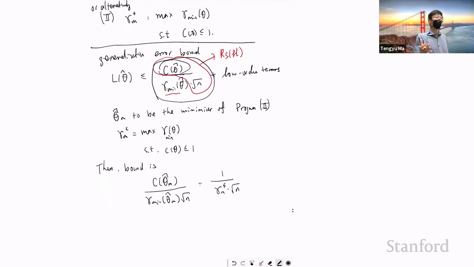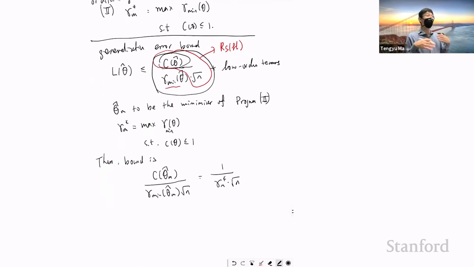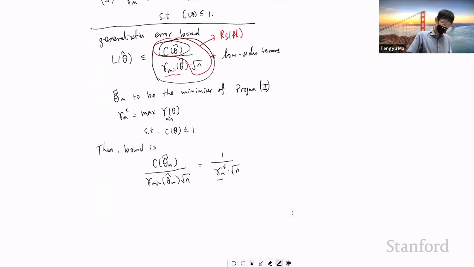This is the generalization bound. So whether this bound is better or not depends on whether γ_m star is increasing or decreasing.